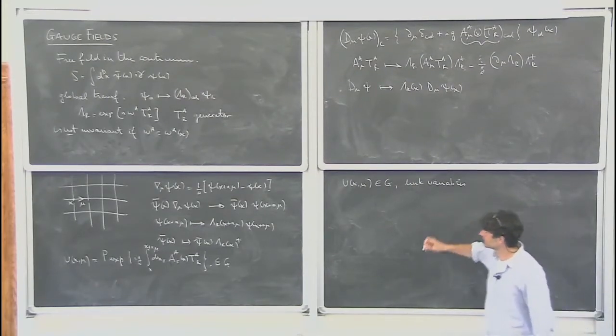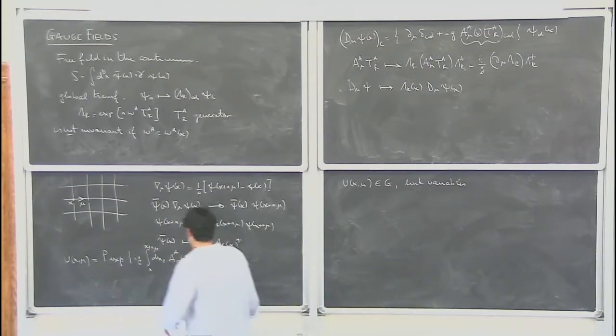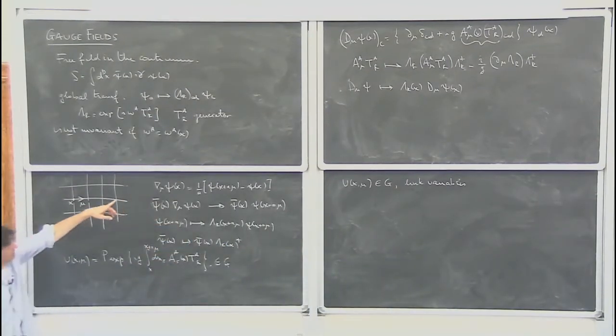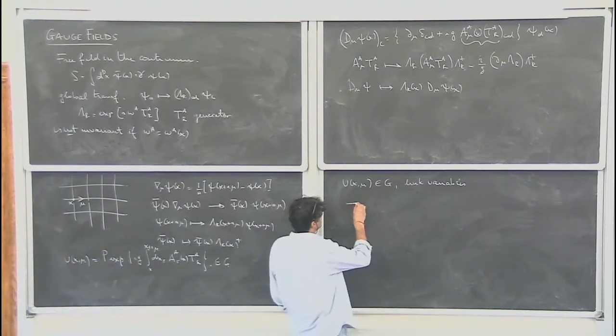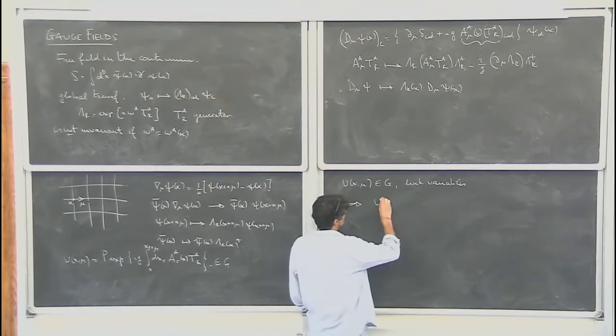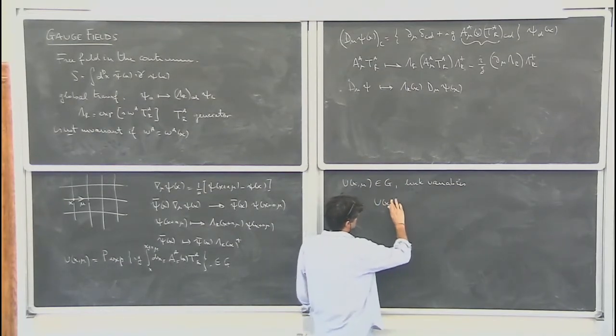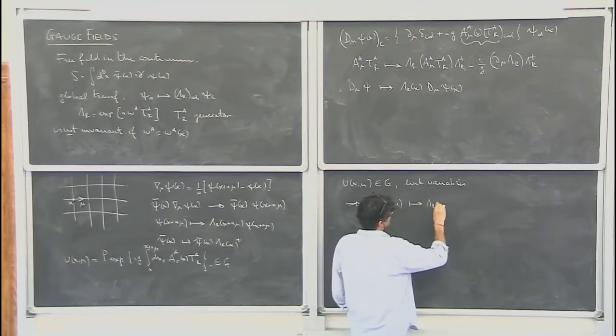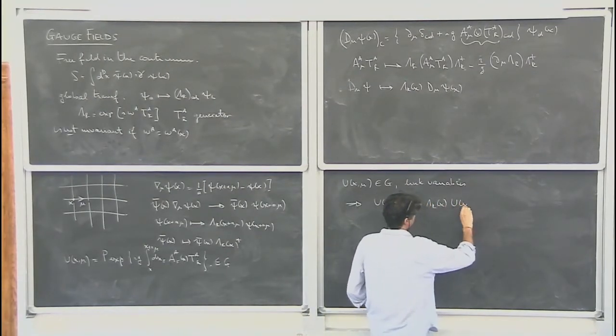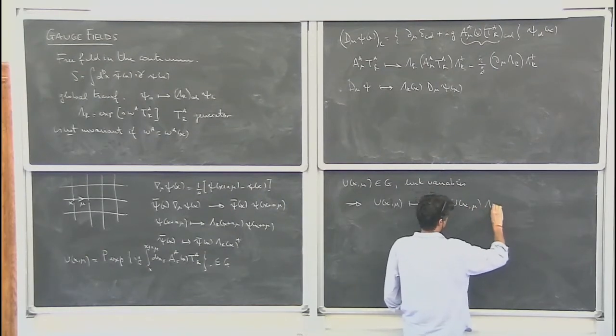Okay? Now, given the transformation properties of the affine connection, you can derive the transformation properties of the link variables. Okay, so under the gauge transformation, you can show that the link variable transforms like this.